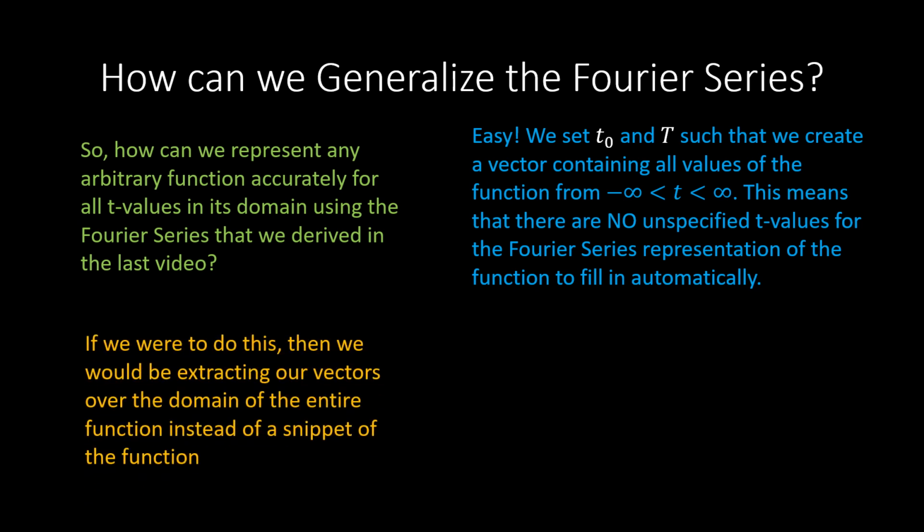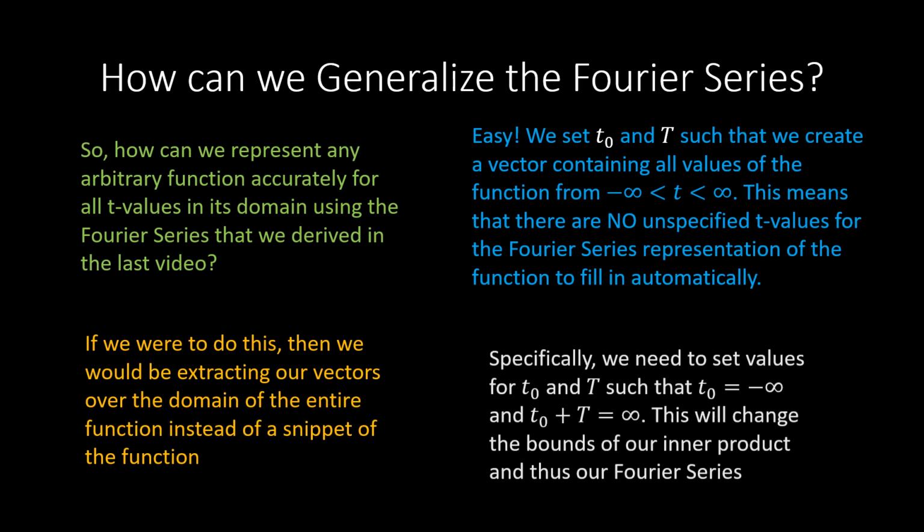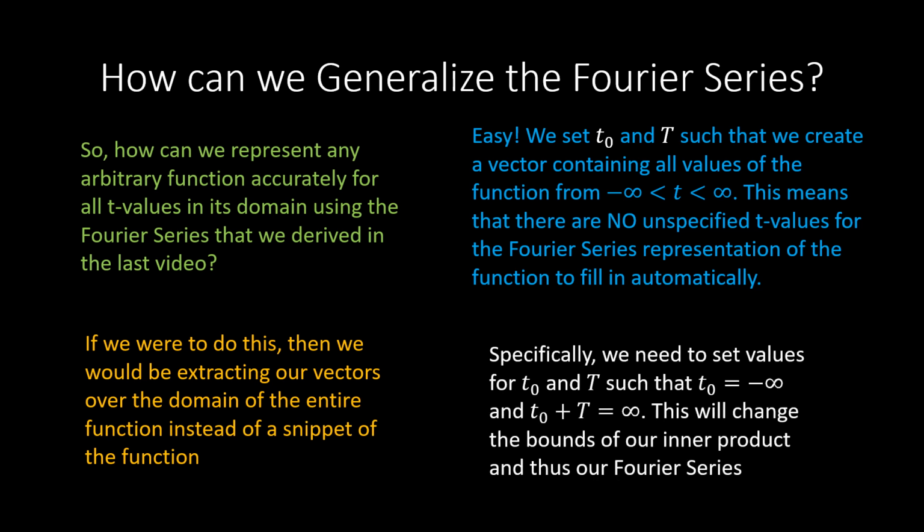If we were to do this, then we would be extracting our vectors over the domain of the entire function instead of a small snippet of the function. Specifically, we need to set values for t0 and T such that t0 is equal to negative infinity and t0 plus capital T is equal to infinity.